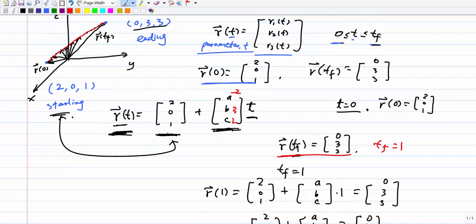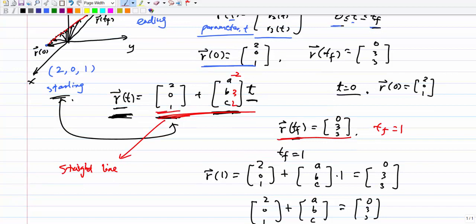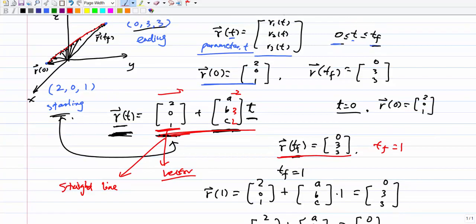Also, this representation is a straight line, because as time goes on it traces a straight line. This is a vector, this is a vector. This one is the beginning vector, and this other vector is parallel with this straight line.